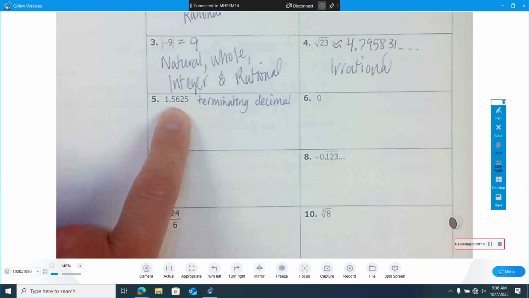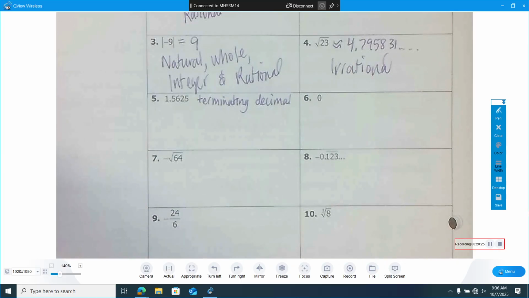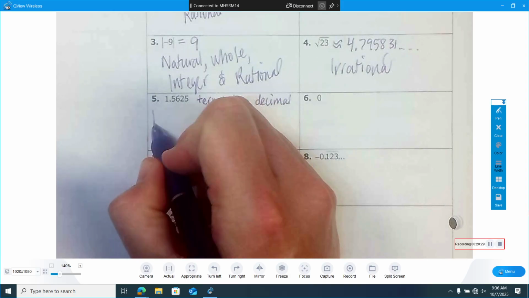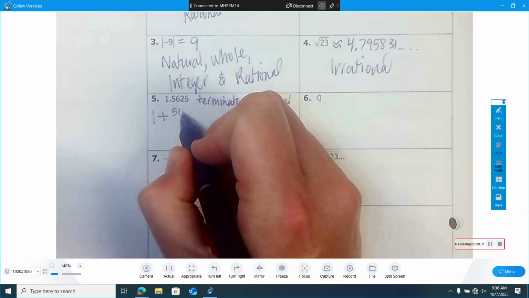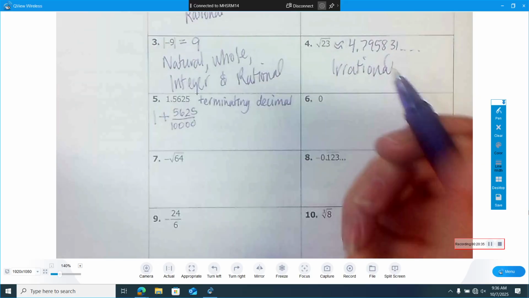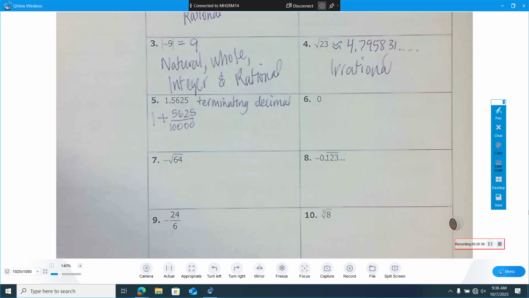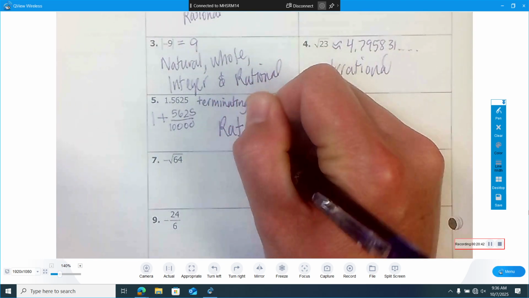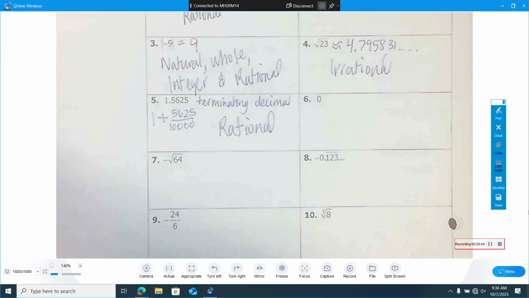And because it terminates, what part of the system are we in here? Rational, yeah. I can write this as a fraction. It's 1 plus 5, 6, 2, 5 over 1, 2, 3, 4 zeros, over 10,000. So I can write it as a fraction. This is rational fractional.